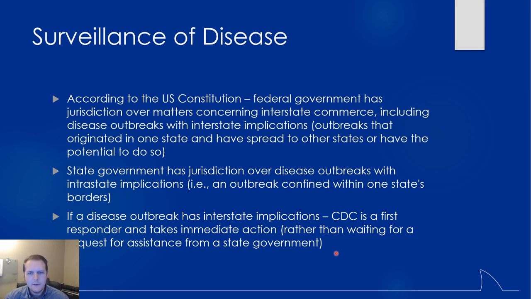If it's interstate, the federal government has first intervention, especially if it's an outbreak that occurred in one state and then people travel, say via airport, to other states. That could be a really big concern. Typically, if it's within a very enclosed area, then state governments tend to have first shot at investigating those issues, and then it could expand out if it becomes more of an interstate issue.